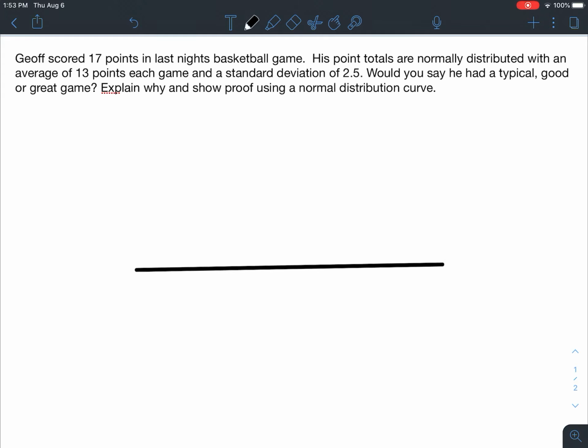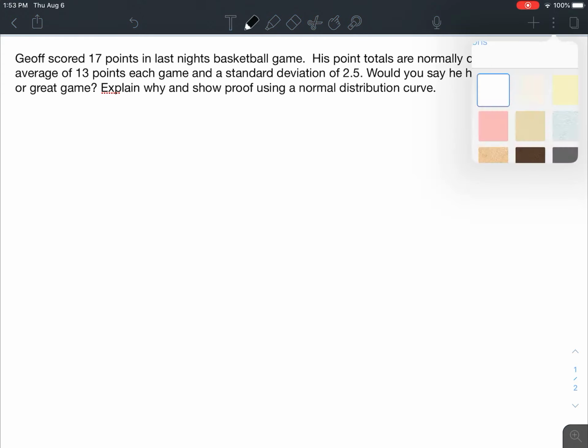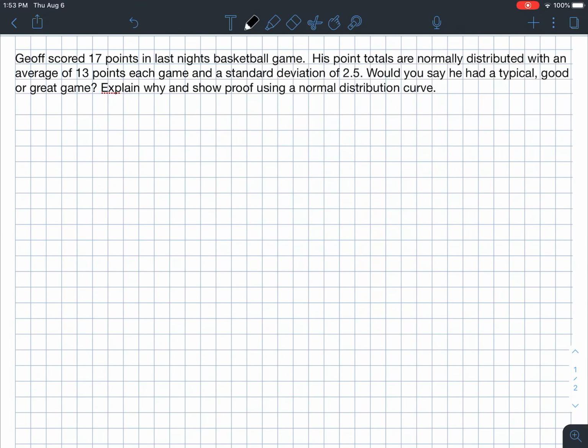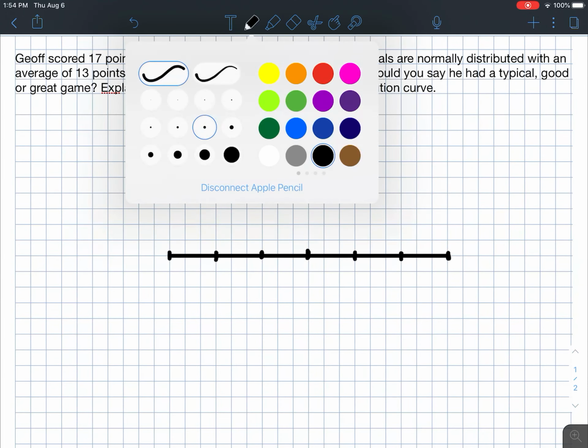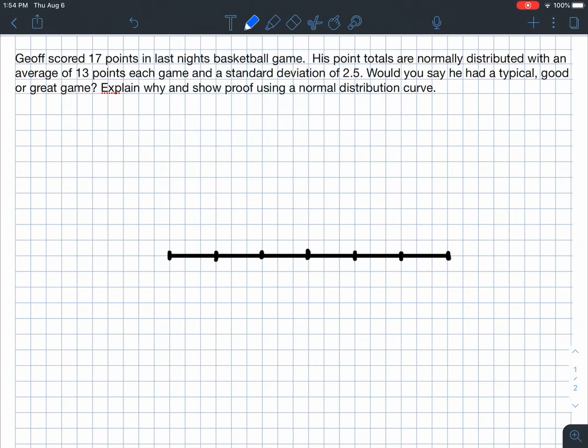Okay, and with that curve, we put on some lines. We know we're going to have a mean in the middle, and then we're going to have our standard deviations, 3 to the left, 3 to the right. So, according to this, Jeff's average point total is 13, and he has a standard deviation of 2.5.